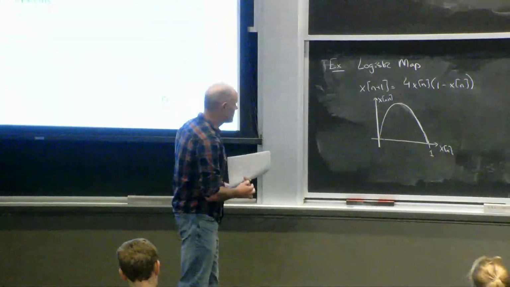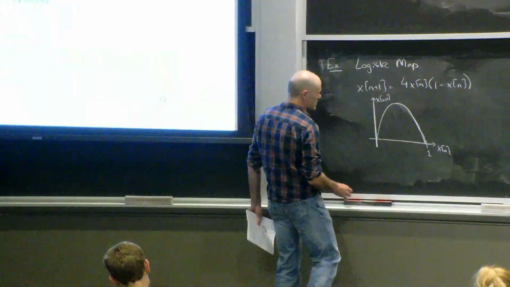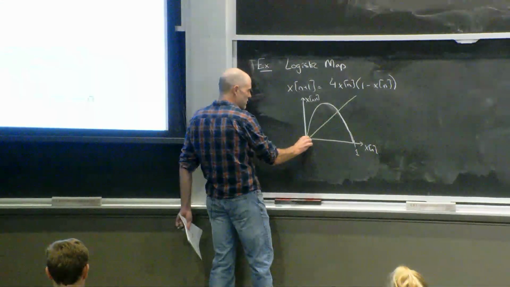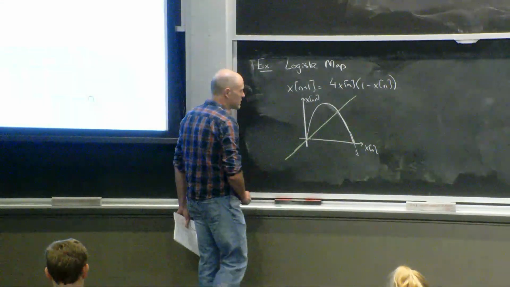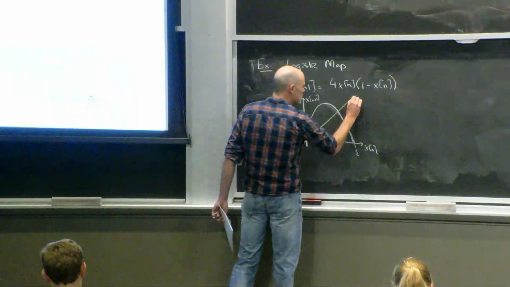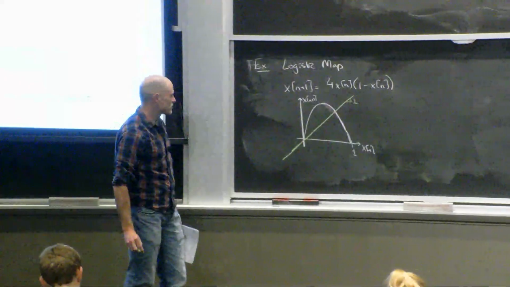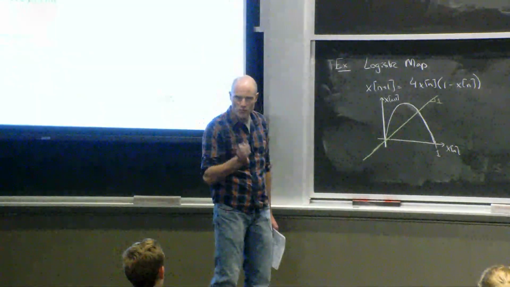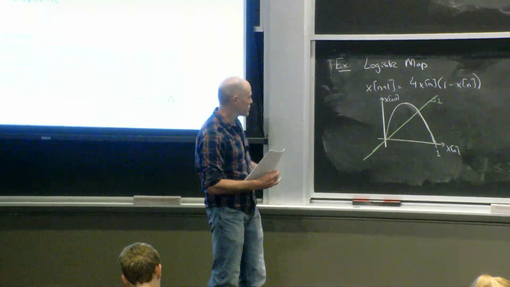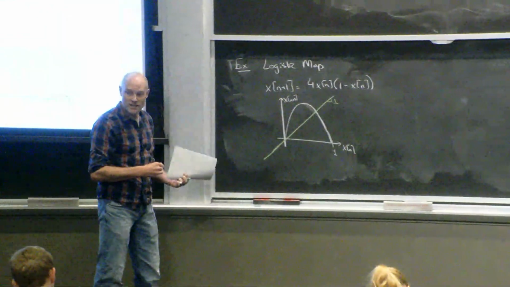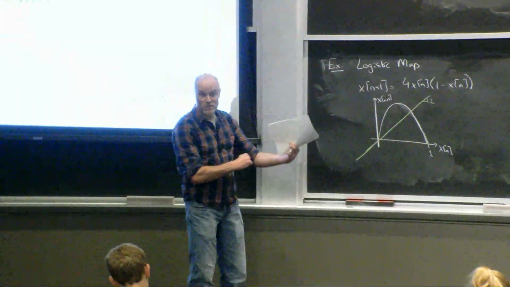And if you remember how we played with flows on a dynamical system, this time you can get intuition about a discrete time system by thinking about how it intersects with the line of slope 1. So there's a fixed point here, there's a fixed point here. But are those fixed points stable?